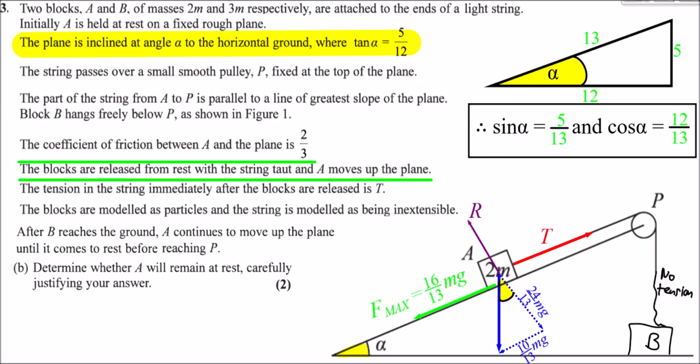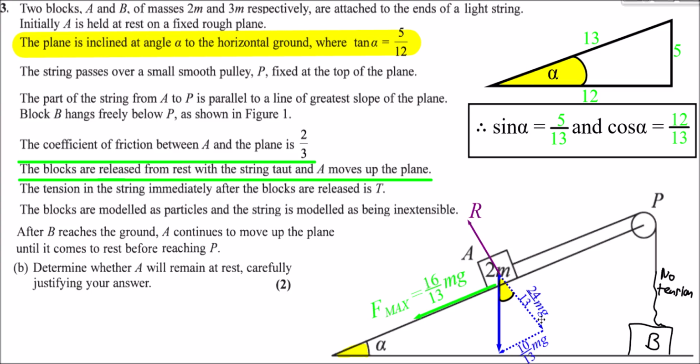In the same way, the tension will disappear from A as well, so I can get rid of this tension force there. There'll still be a reaction force, of course, because it'll still have its weight, but now the only thing will be the force going down due to the component of the weight, 10/13 mg.